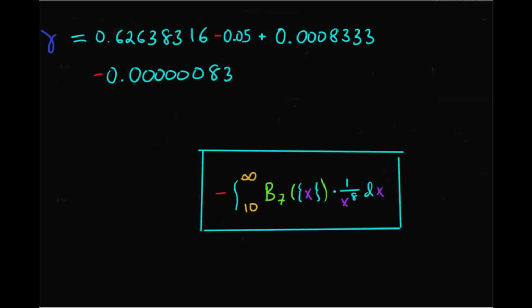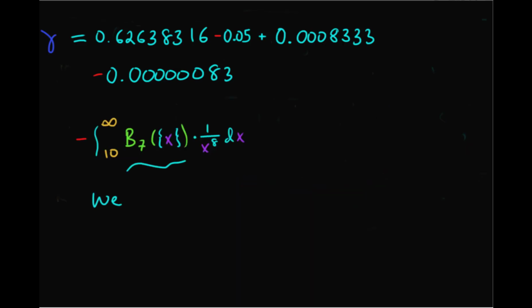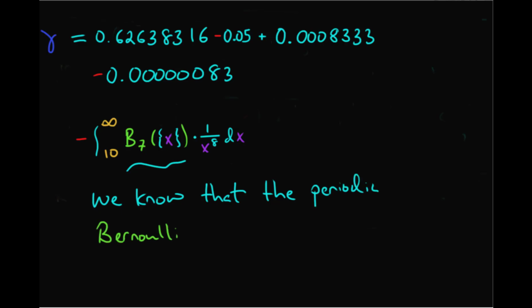And then we're finally left with our error integral. And as I mentioned before, this is difficult to compute directly, but the next best thing we can do is bound this integral. And so we're really asking the question, how big could this term get? And this is where the fact that we have a periodic Bernoulli polynomial inside the integrand there is such great news for us, because we know that the periodic Bernoulli polynomials are bounded.